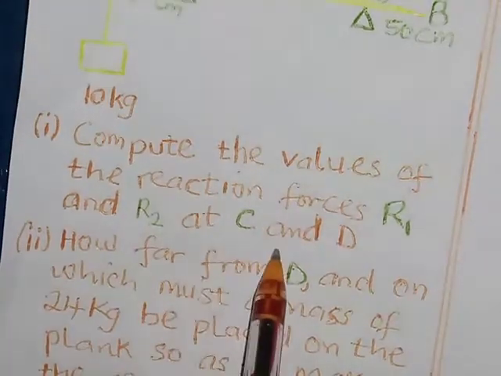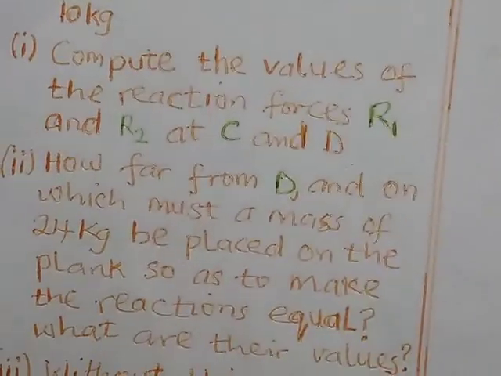Part A of this question is that we should compute the values of the reaction forces R1 and R2 at C and D. We've just done that. So let's move to the other part.